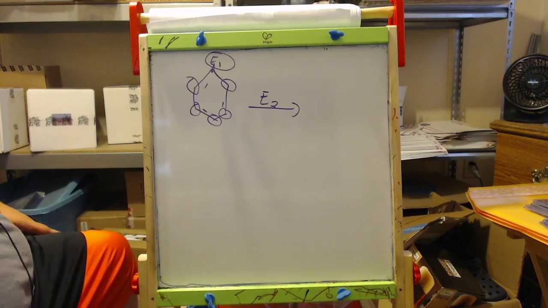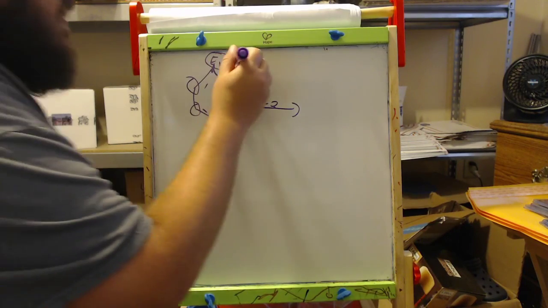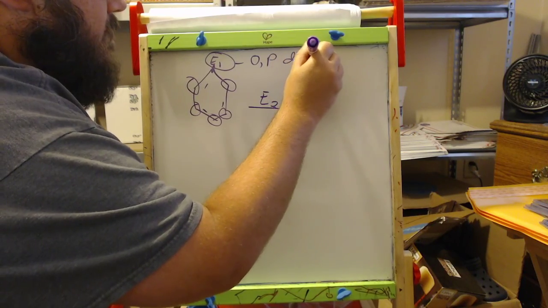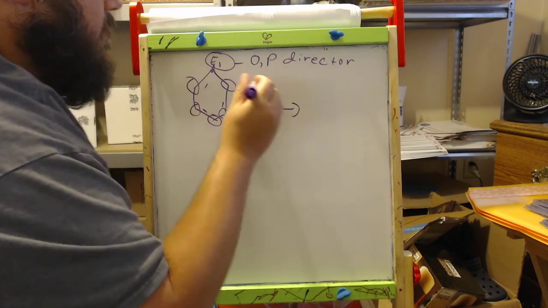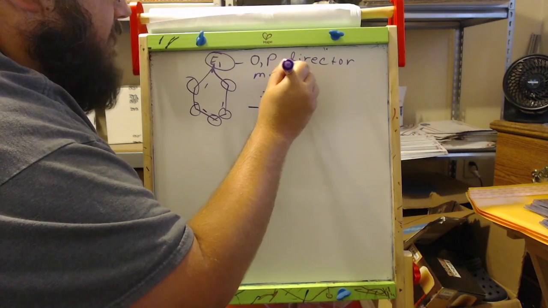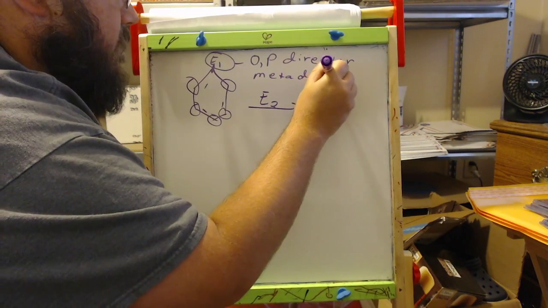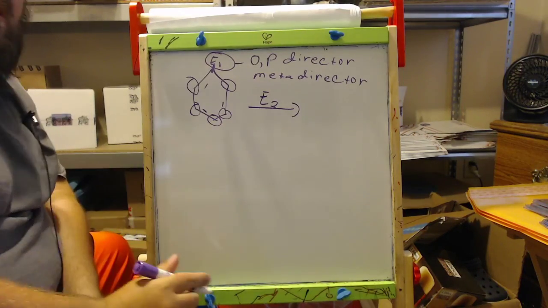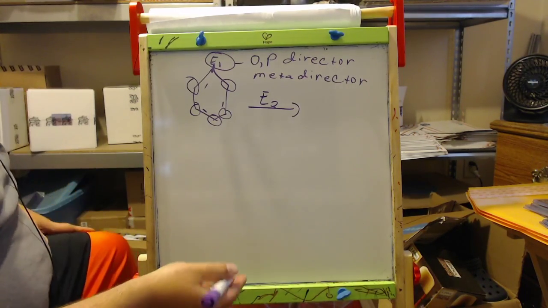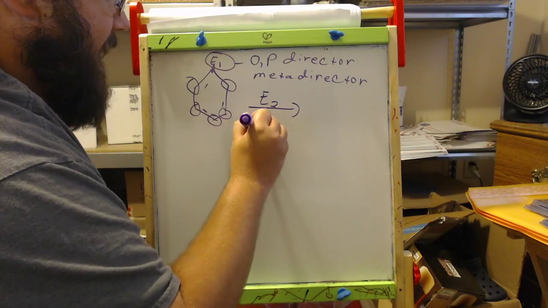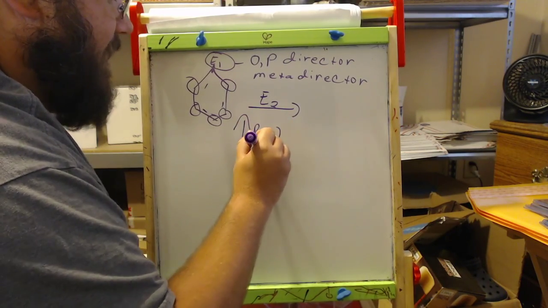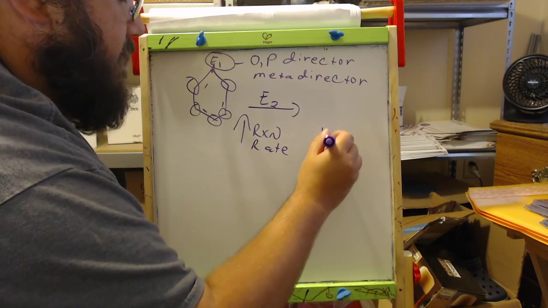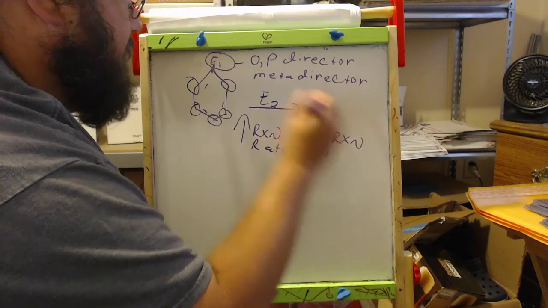And this is what we mean by orientation. This substituent can be an ortho para director, or it could be a meta director. In addition to worrying about orientation, we'll also look at, does it react faster than benzene, or does it react slower than benzene once the substituent is put on?